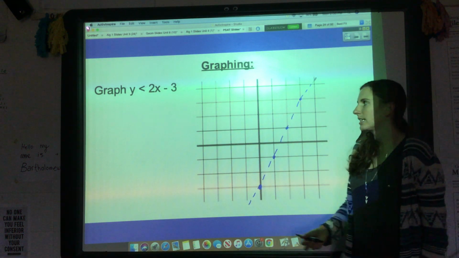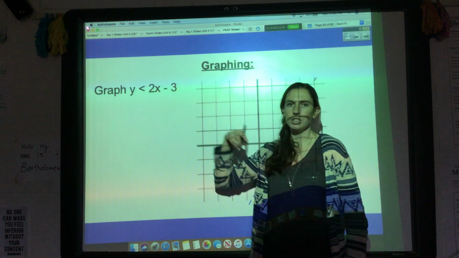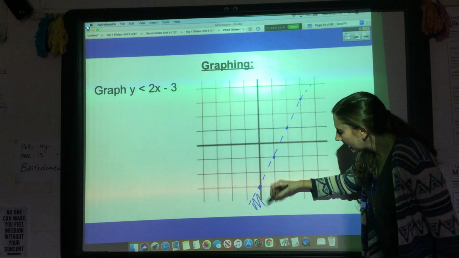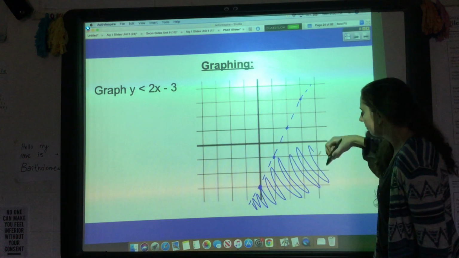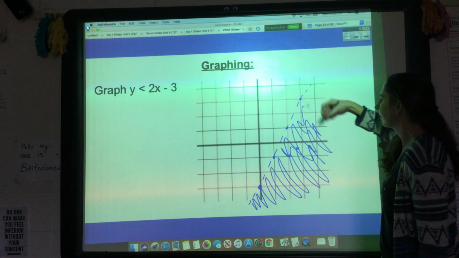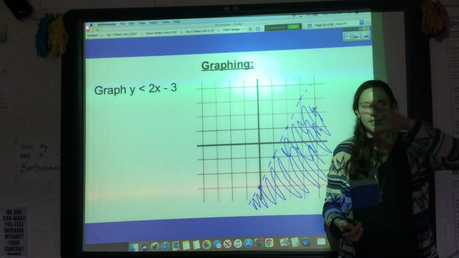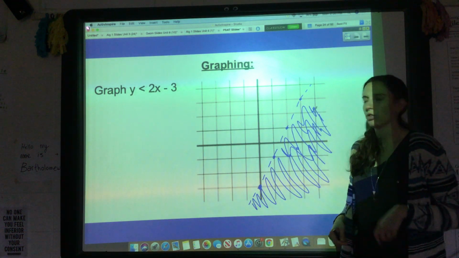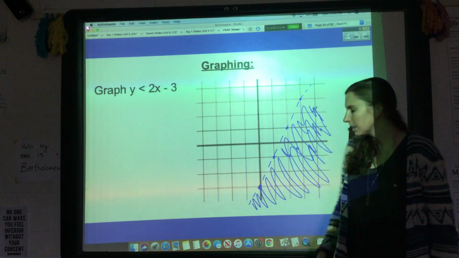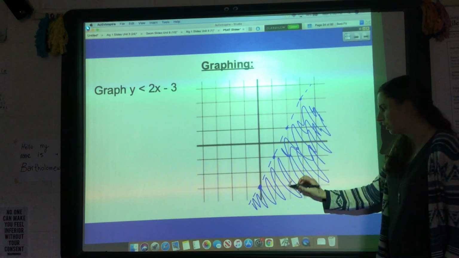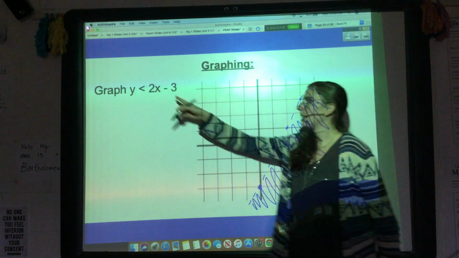And since it's anything less than this equation, it would be anything in this region, anything below the line. So if it's a less than, you should shade below. If it's a greater than, you shade above. This means any point in this region would make this inequality true.